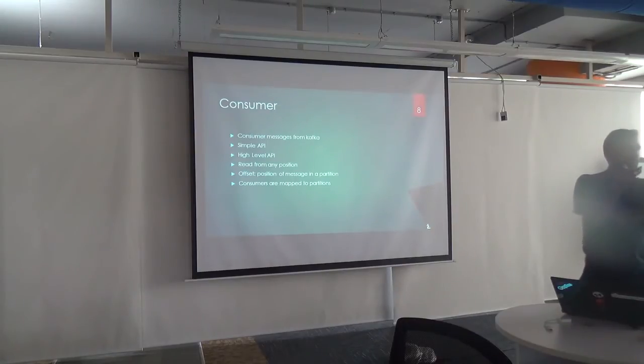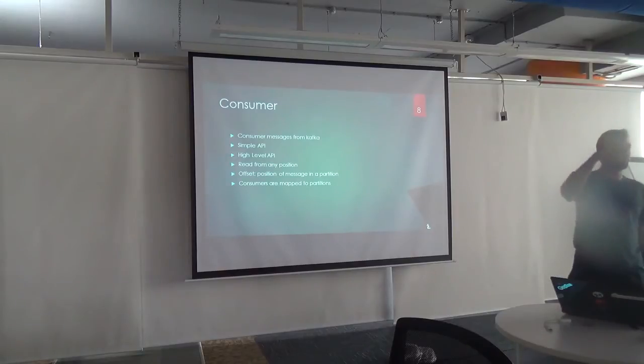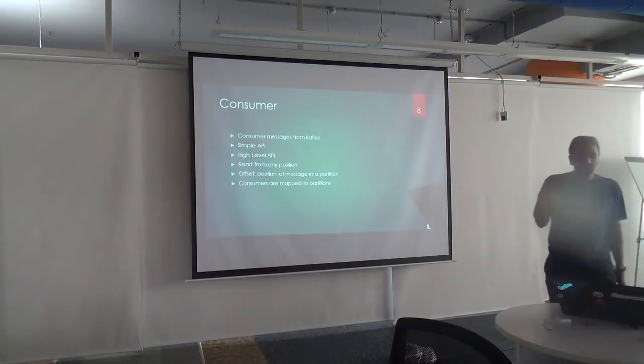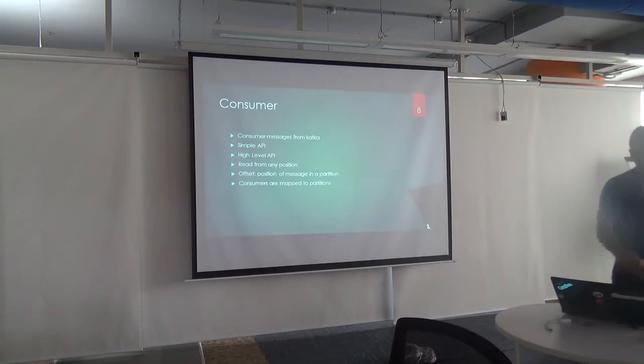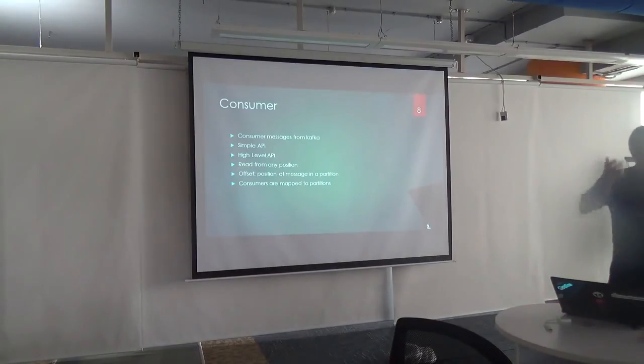So once a consumer dies, somebody else can read from that partition. The high level API is a simpler thing for developers. It's a little bigger library, but you don't have to keep track of all these internal things of the broker. It will remember the offset and all that. You can always say, give me the next set automatically, and that offset is maintained in Zookeeper.